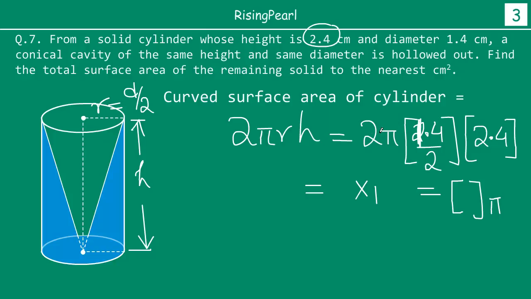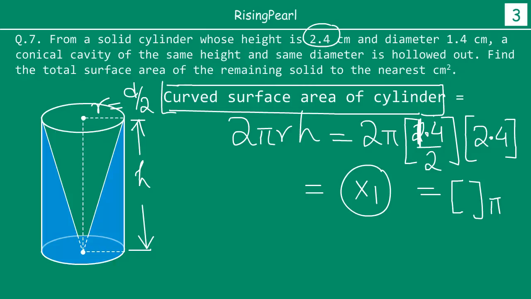You definitely want to at least solve this and bring it to some number or a fraction times pi. So let's say this value is x1. This is the curved surface area of the cylinder.